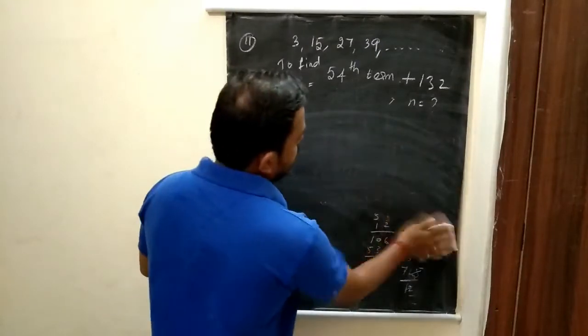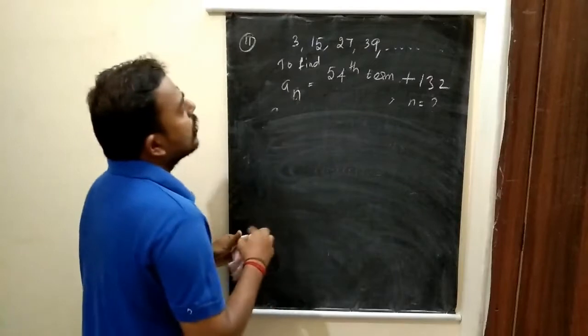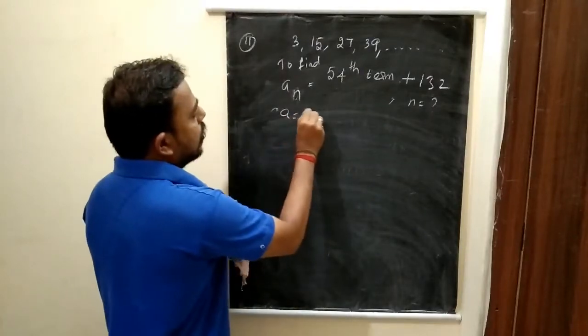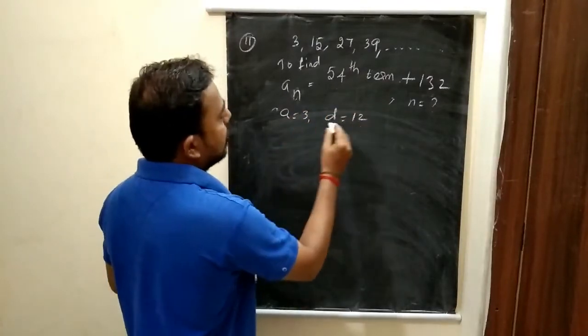So now we need to find, actually, a equals 3 and d equals 12.